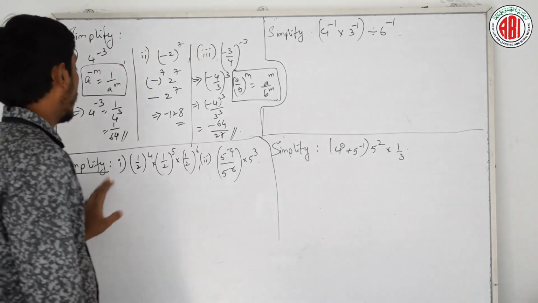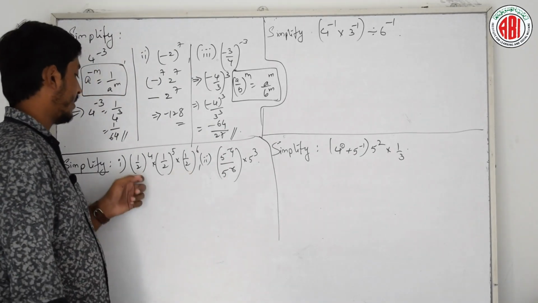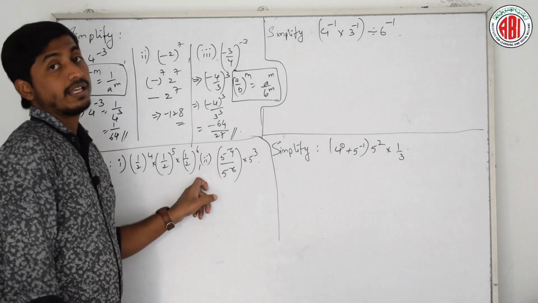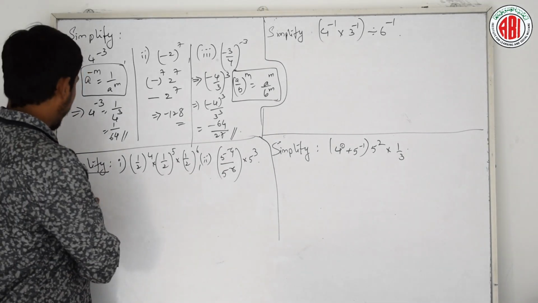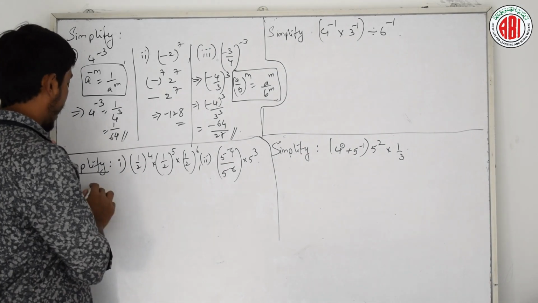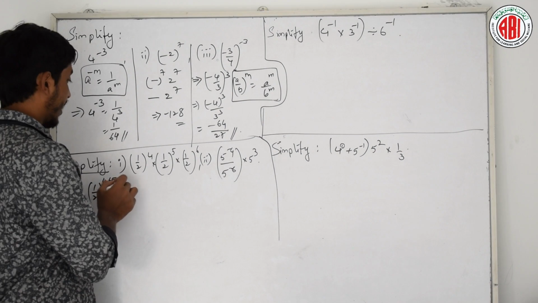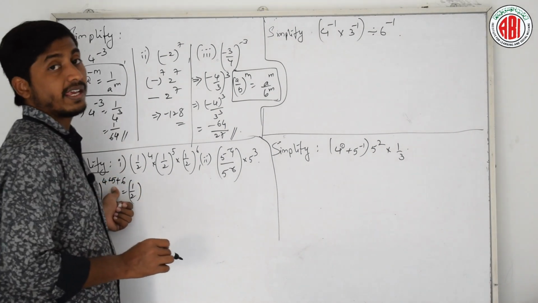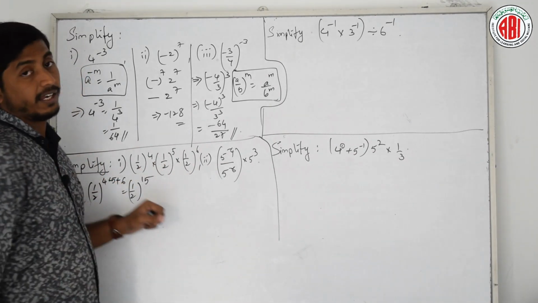Fine. Look at this next question. He is telling us to simplify these two questions. This is 1 by 2 power 4, 1 by 2 power 5, 1 by 2 power 6. What is it? If bases are equal, powers can be added. That is 1 by 2 whole power 4 plus 5 plus 6. 4 plus 5 is 9, 9 plus 6 is 15.